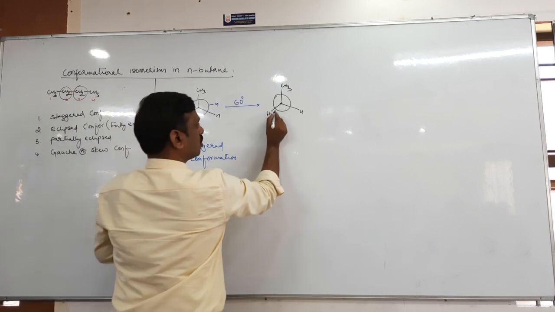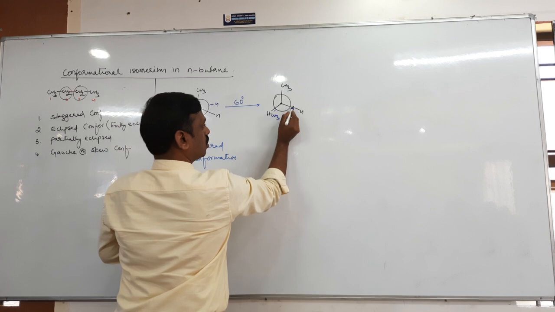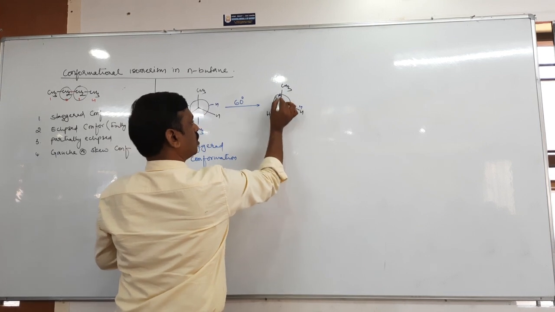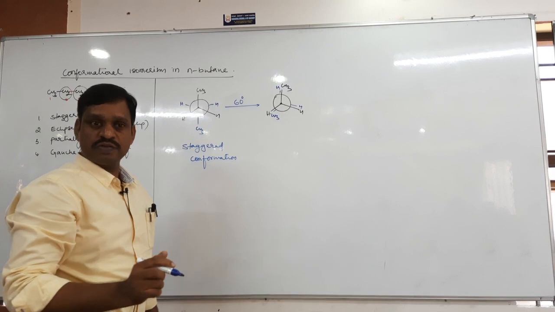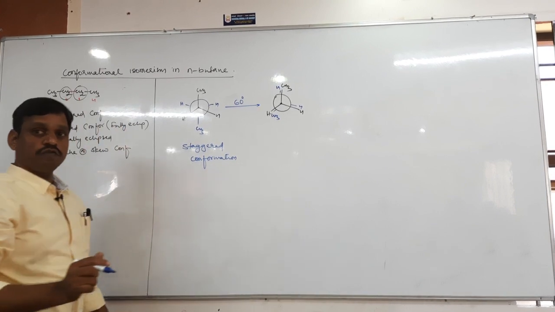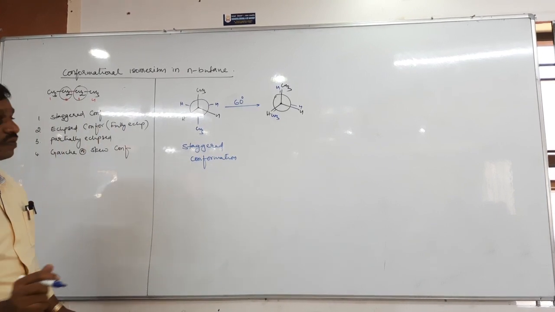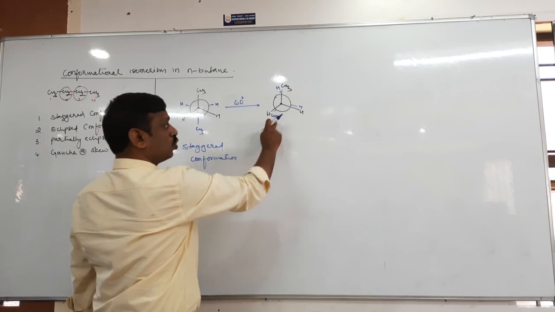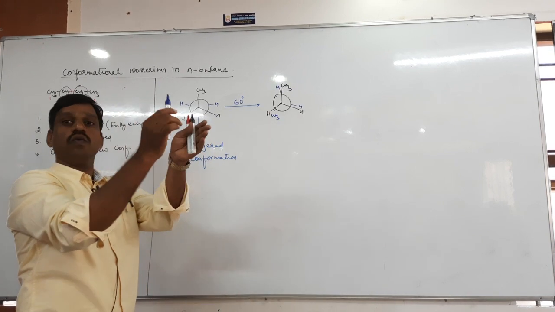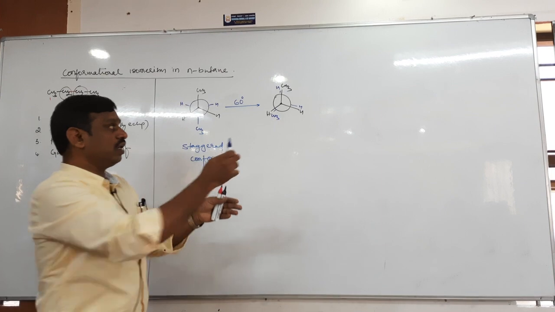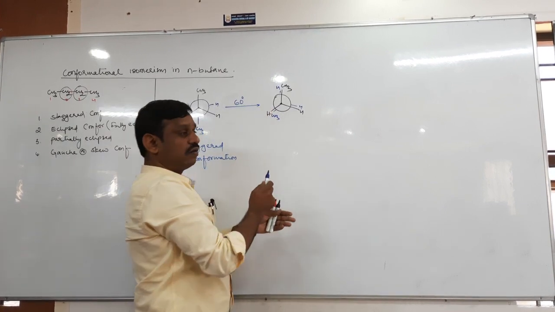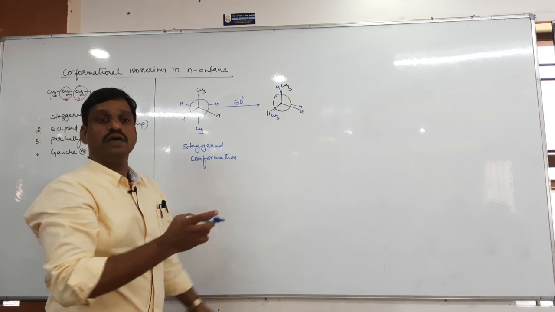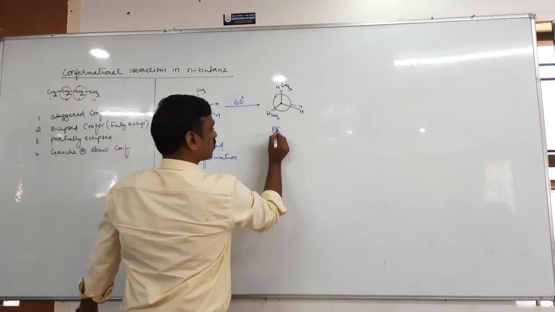It is eclipsed. Fully or partially eclipsed? Fully eclipsed would mean the 2 methyls and all hydrogens are exactly behind each other. Here only 2 hydrogens are, but not all, so it is partially eclipsed.